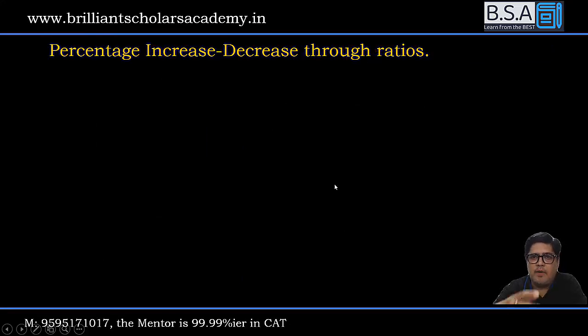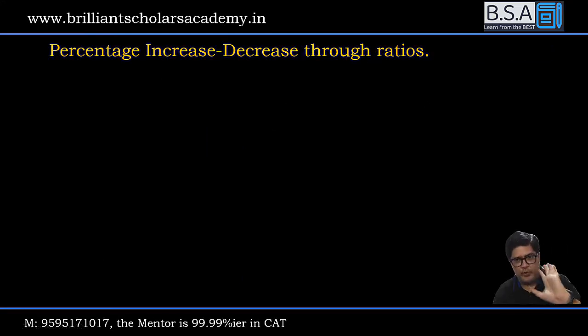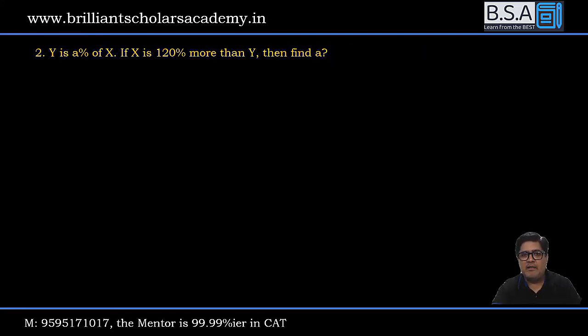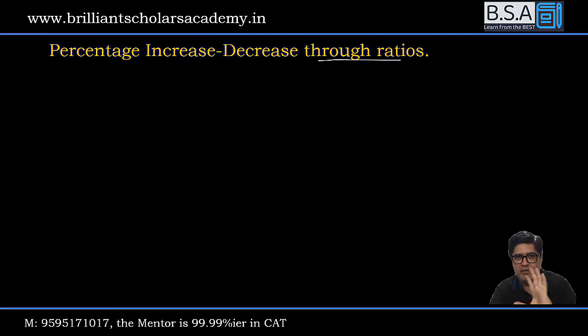Now, how do we increase decrease? Through ratios. So what I will do is, I will create one detailed example and then I'll give you 4 or 5 work around those examples. Observe. First thing, when I'm increasing, let us say some ratio 16.66%. In a question, I need to increase 16.66%.